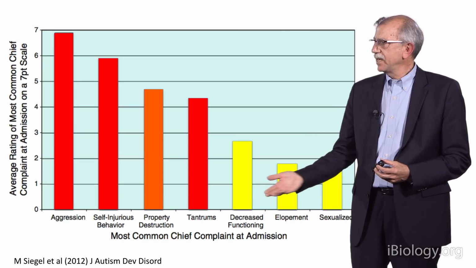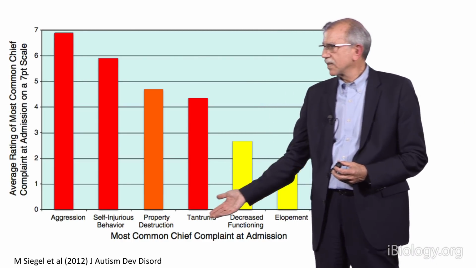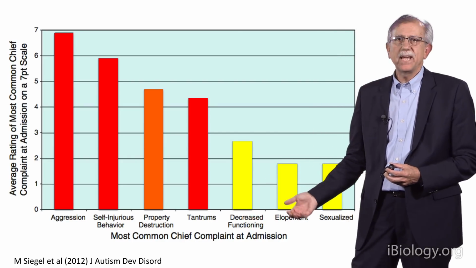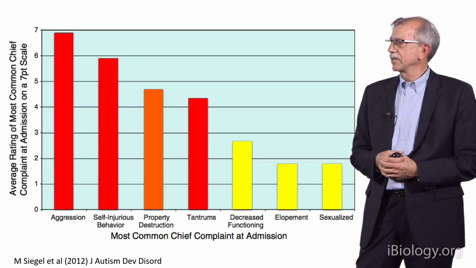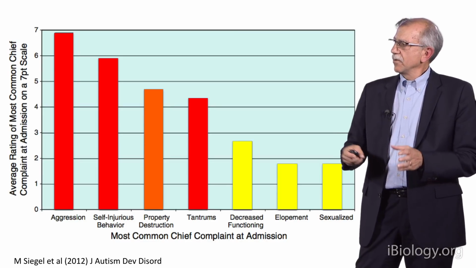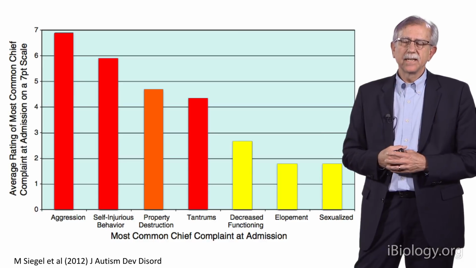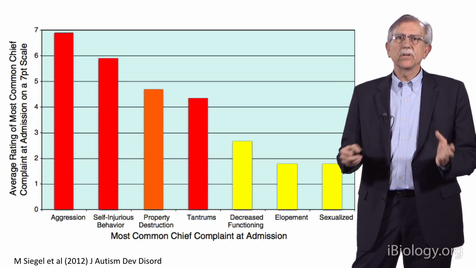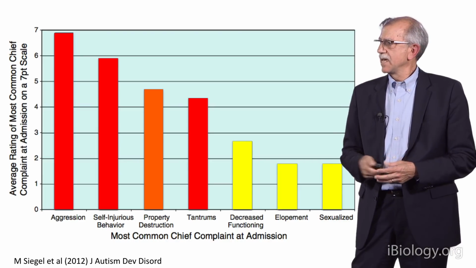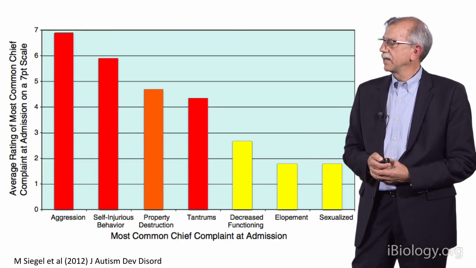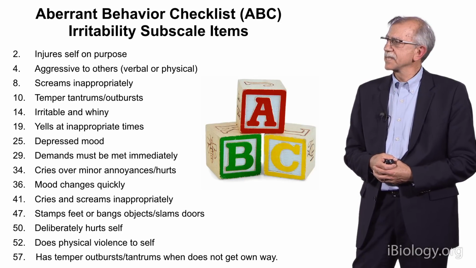And what you see here are, in fact, not psychiatric diagnoses, but a list of maladaptive behaviors that have resulted in the need for psychiatric hospitalization. So we have problems like aggression and self-injurious behavior and the like that are so interfering that they require an inpatient psychiatric stay. And these, again, are common targets for potential therapeutics.